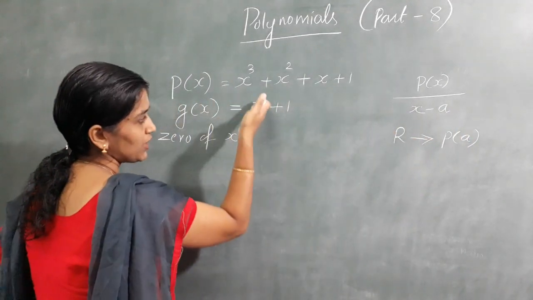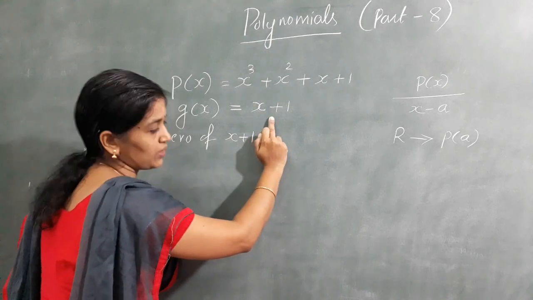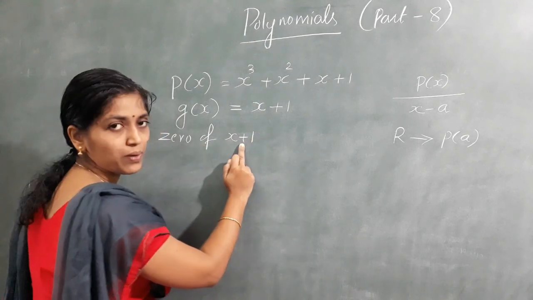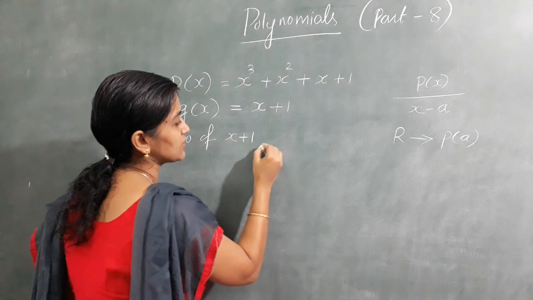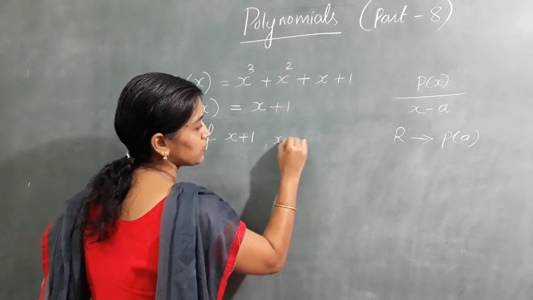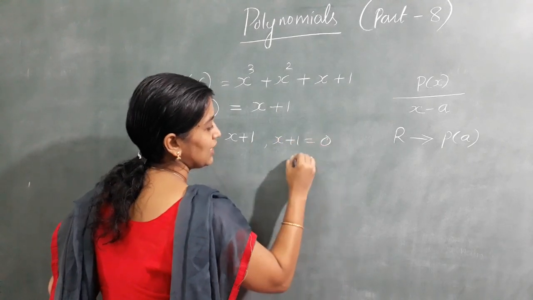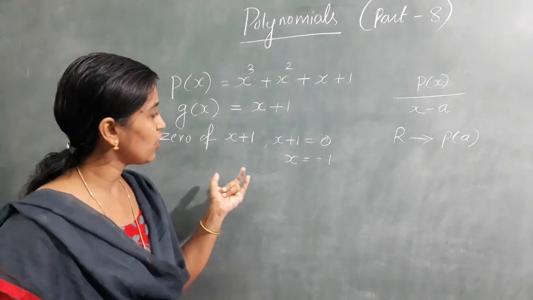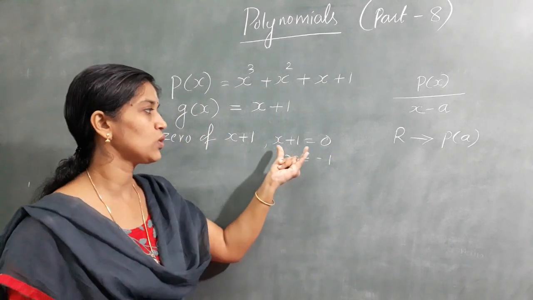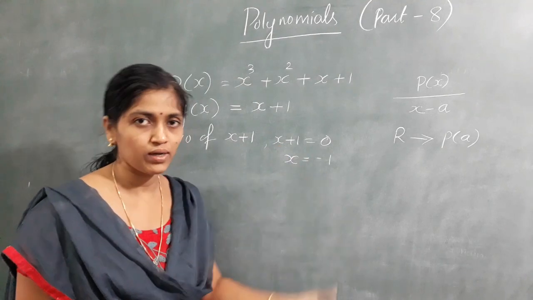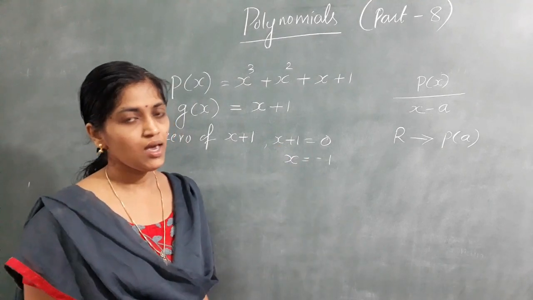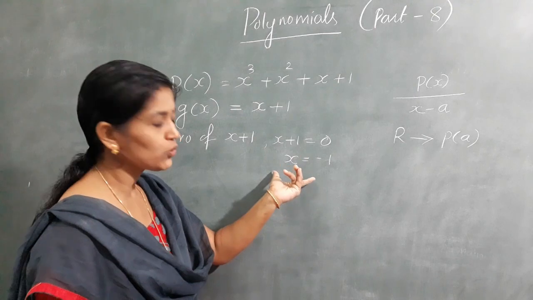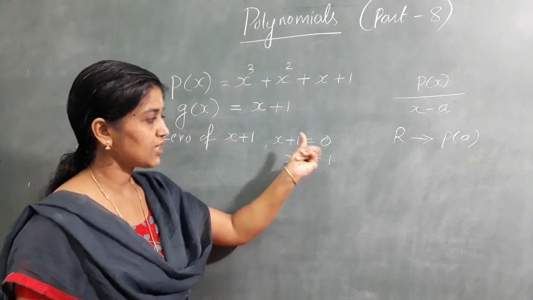So here we are dividing by x plus 1. The zero of x plus 1: we take x plus 1 equal to 0, so x is equal to minus 1. The zero of x plus 1 is minus 1. Now you have to find the remainder.